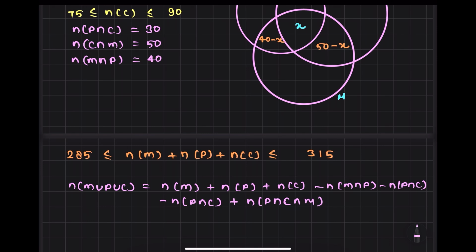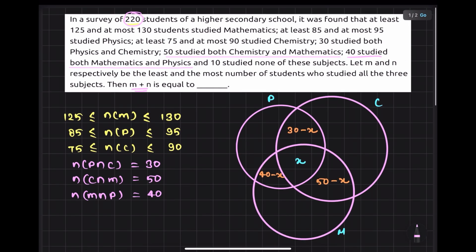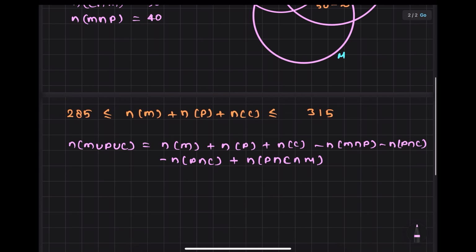You know that altogether there are 220 students, but 10 of them don't study any of these three subjects. So in the maths, physics and chemistry department there would be 210 students.